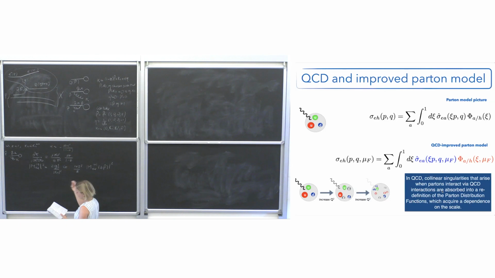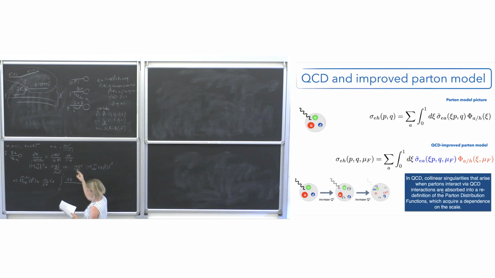Very good. You put it together, putting also the phase space, and the interesting thing is that you find the first order correction due to the real emission, sigma hat EQ of P hat. So gs squared over 4 pi is alpha s, so we get alpha s divided by 2 pi, color factor CF, and then you have something.